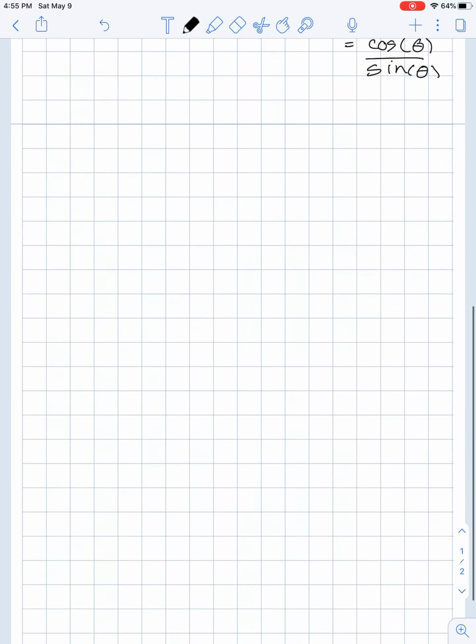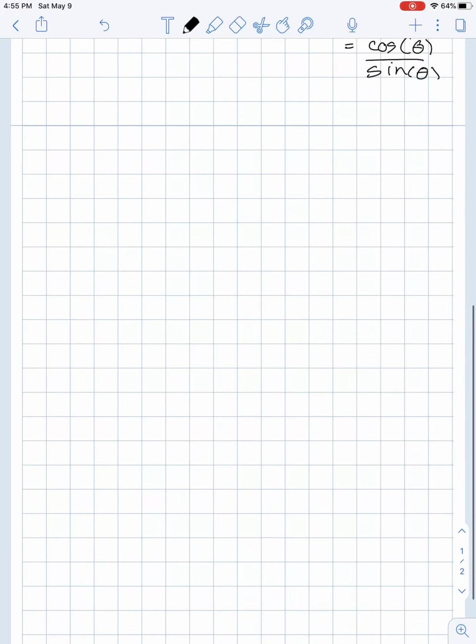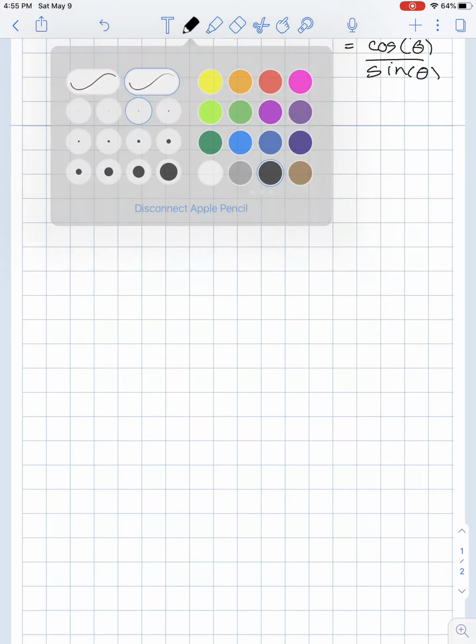Before we move on, I want to show you a way that I remember the quadrants of the unit circle. Let's review.